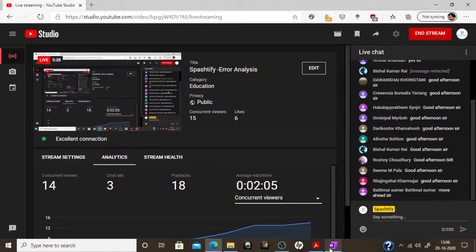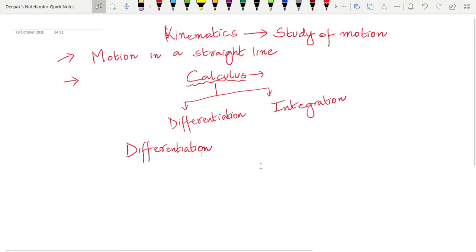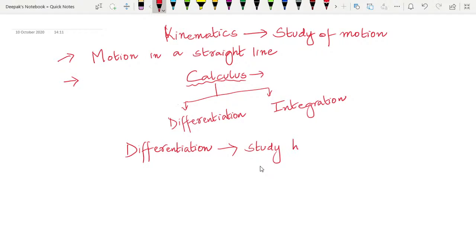Okay, so differentiation. We will be learning first differentiation. So what do we do in differentiation? We study how one quantity changes with respect to the other.